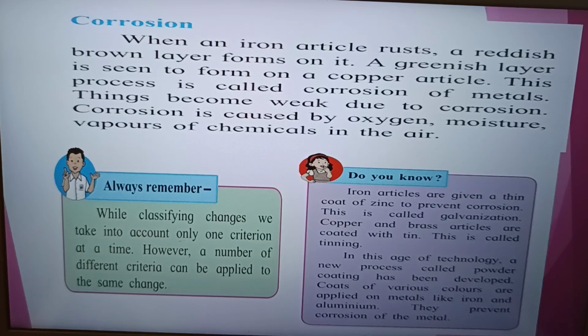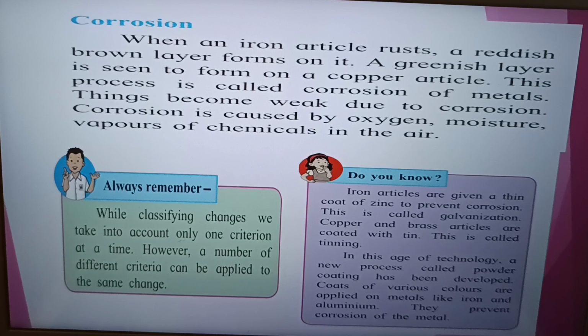Now, in the next box, you can see this purple box. Do you know iron articles are given a thin coat of zinc to prevent corrosion? I told you to put oil paint on that, but here they are asking you to coat it with zinc.